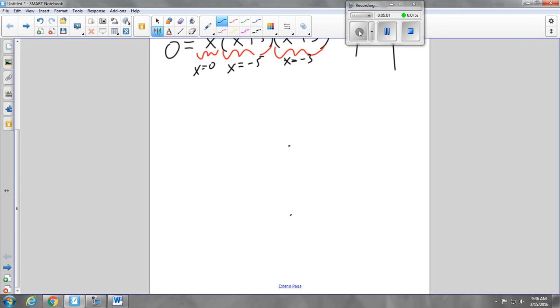All right. Okay, so this is factored form. So before, maybe I'll write both down. Ax squared plus bx plus c.